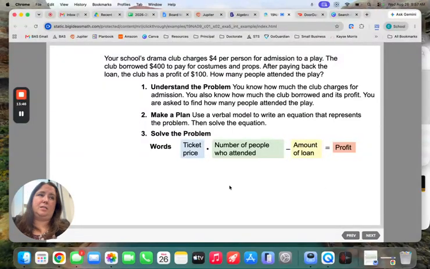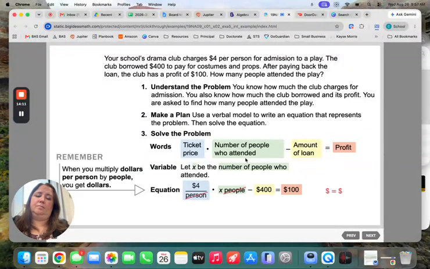We know the ticket price, which is how much? $4. And we multiply that times however many people we sold tickets to. Then we have to subtract how much we borrowed. How much did we borrow? $400. And then all of that should equal our profit, which was what? $100.